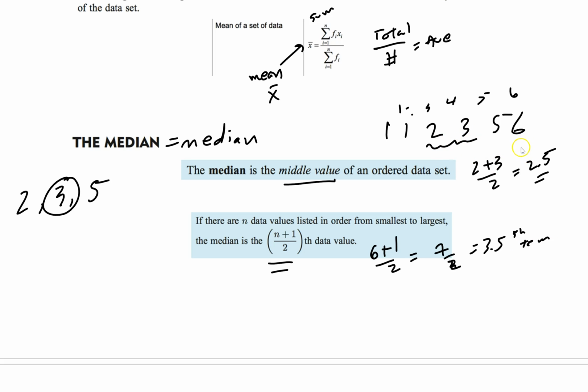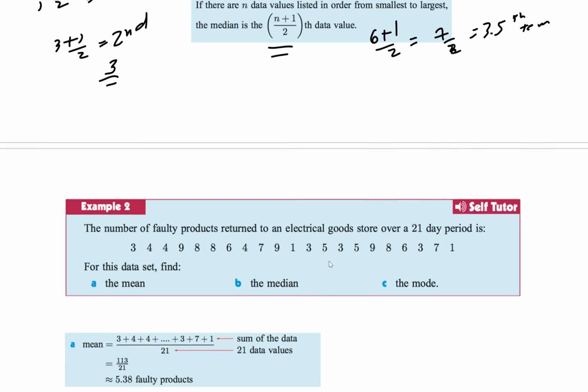So 2.5. If I did it here, with 3 numbers, 3 plus 1 over 2, so the second term, which was 3. So that's how I use that formula. That's very important when we start talking about frequency and it gets a lot more complicated. But that's the median. Okay, now let's look over some examples.